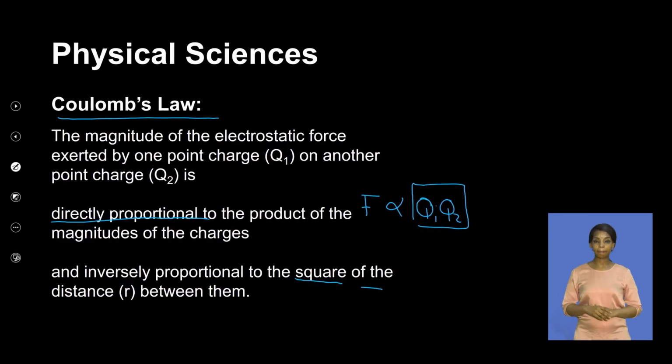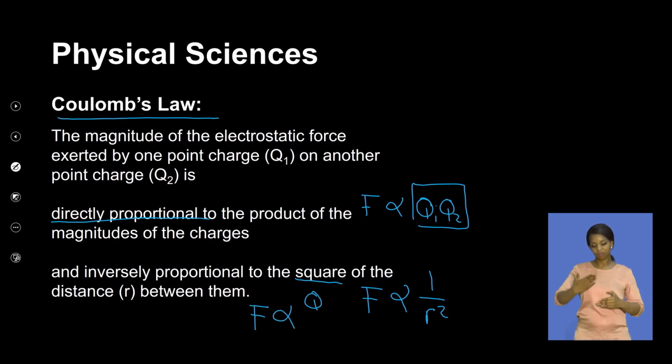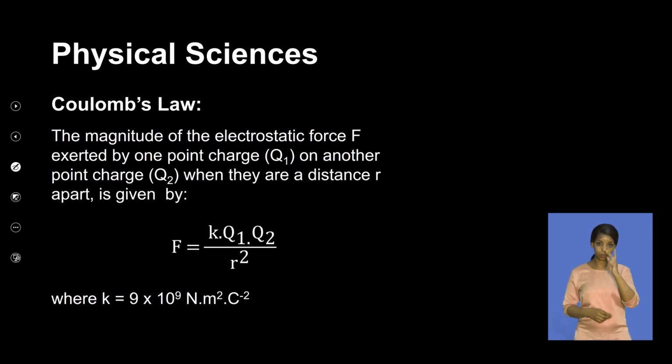We are saying F, the electrostatic force, is inversely proportional to the square of the distance, which gives us at the end F proportional to Q1 Q2 over r squared. So there are two aspects to the definition of Coulomb's law, that of direct proportionality as well as inverse proportionality.